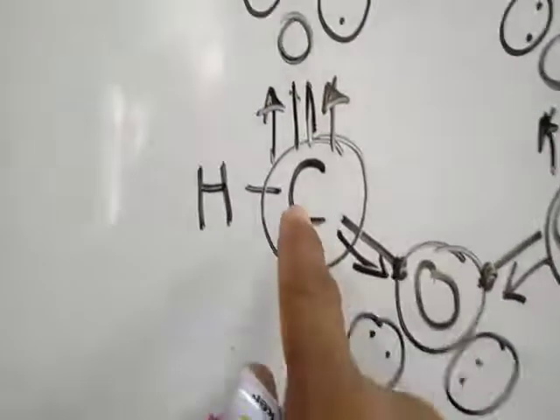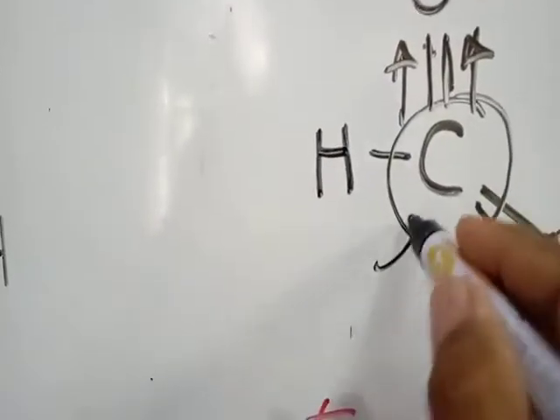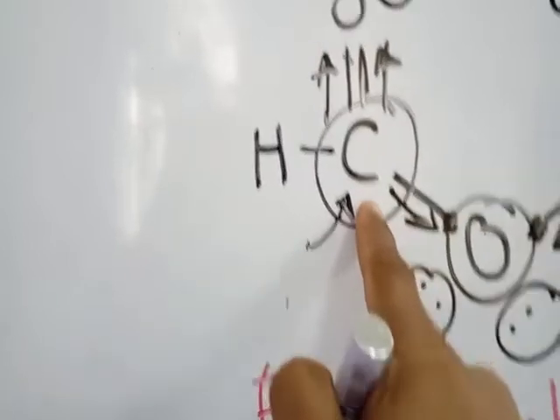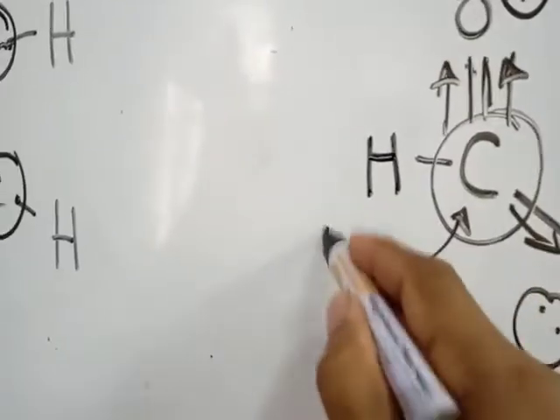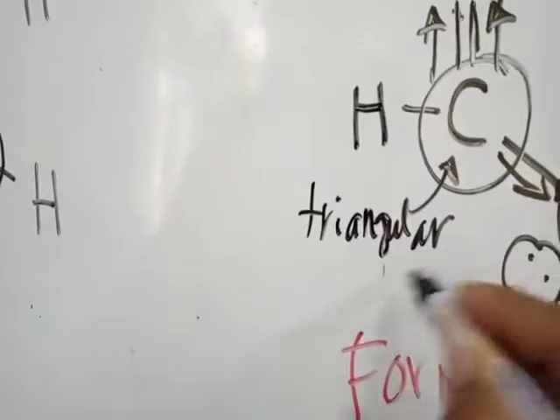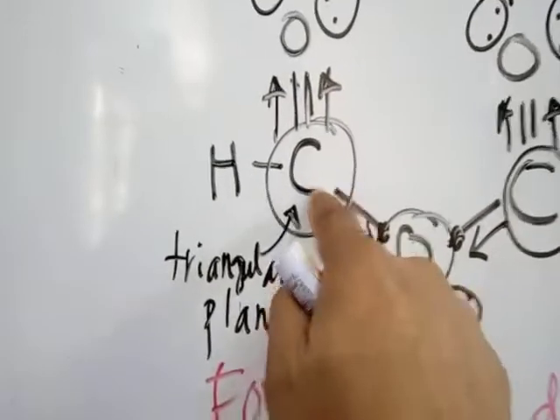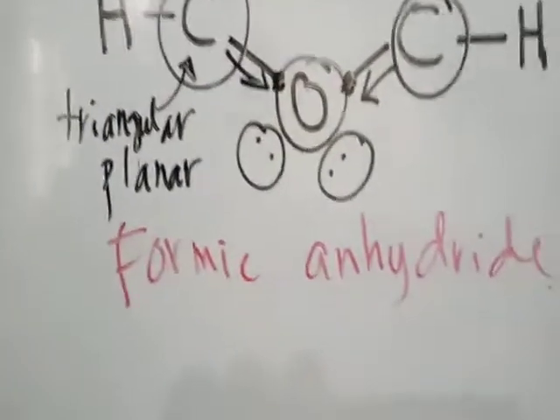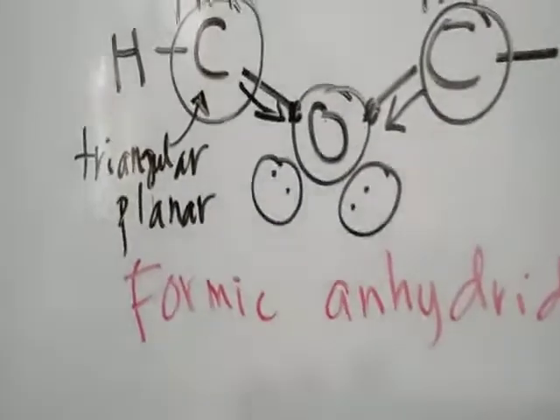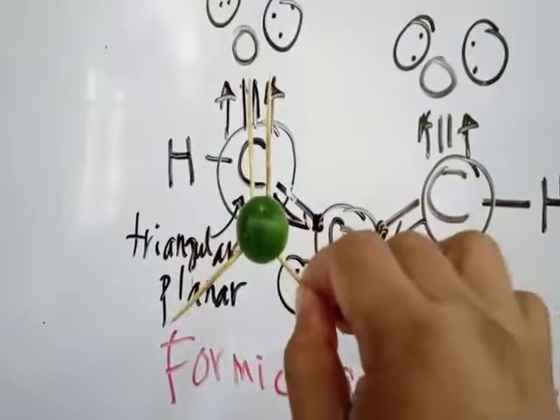And here, the geometric shape of this central atom is triangular planar. It looks like this. That's triangular planar.